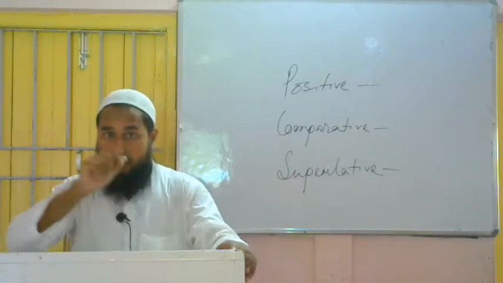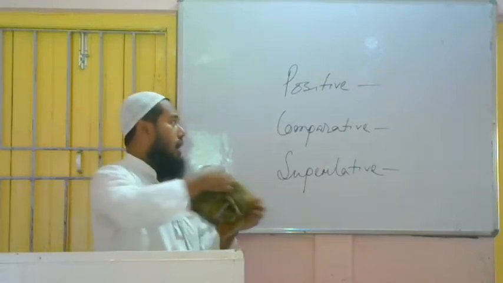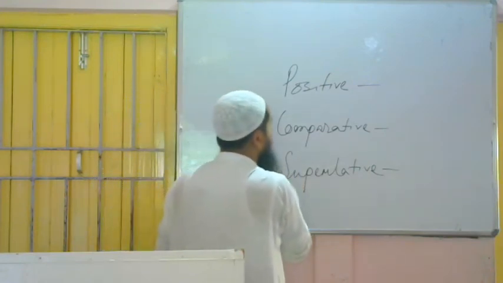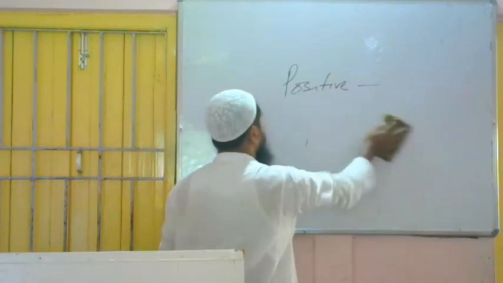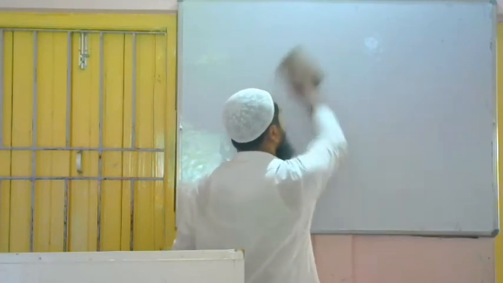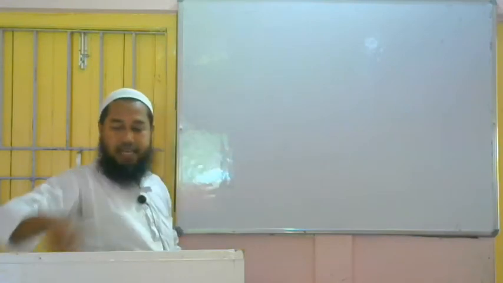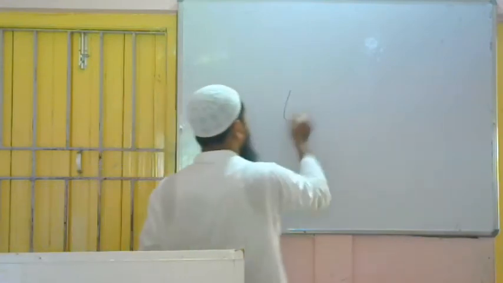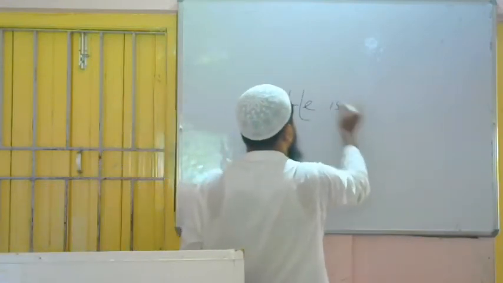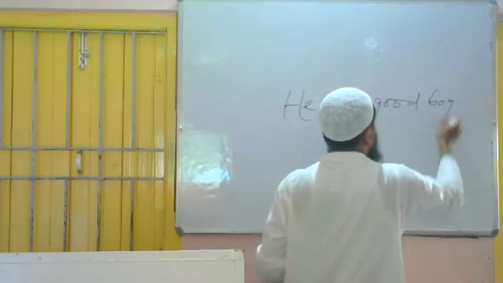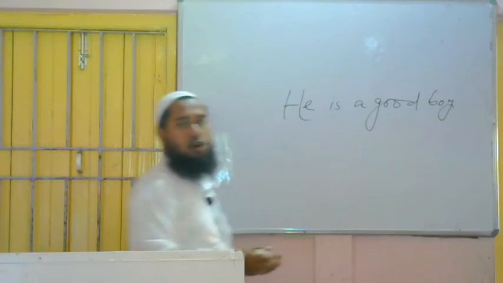Now in this topic, we will discuss how to change a sentence from positive to comparative, positive to superlative, comparative to positive, comparative to superlative. Simply, if we get a sentence, he is a good boy, this is a sentence of which degree?